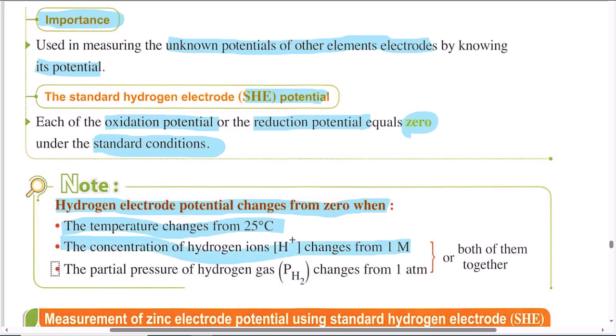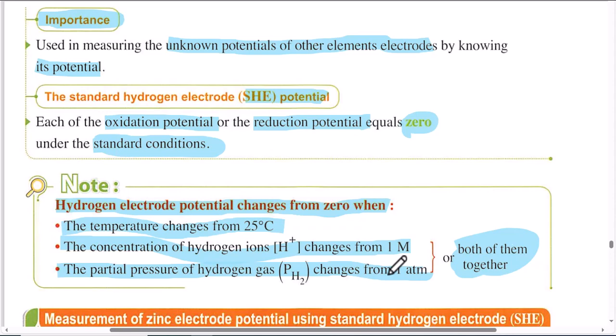Or when the partial pressure of hydrogen gas changes from 1 atmosphere, or both of them. If the conditions remain standard, the standard condition remains.